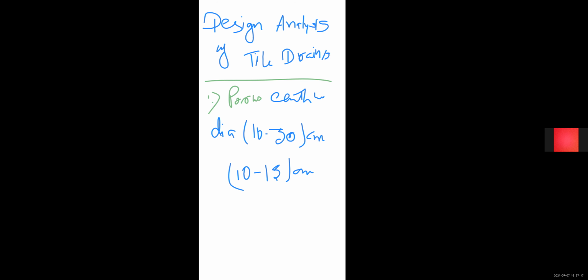For most plants, the top point of the water table must be at least 1 to 1.5 meter below the ground level, and this varies from plant to plant, from 0.7 to 2.5 meter.